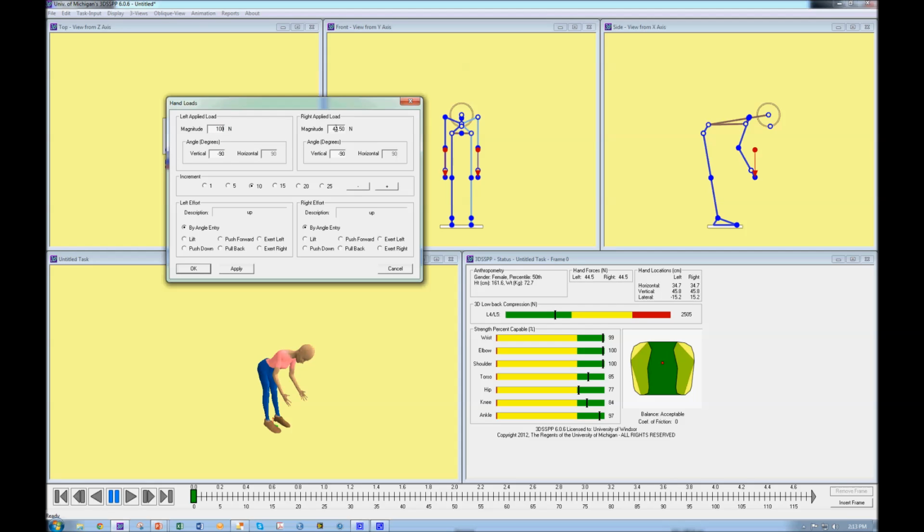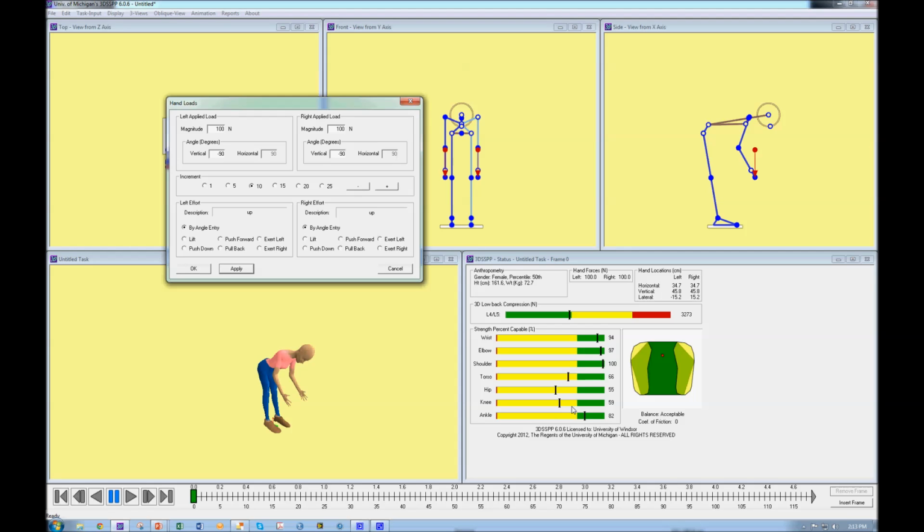Let's just try 100 newtons in the left hand and 100 in the right hand and hit apply, and you will see that more than double of what we're trying, the efforts that we are doing in the left and right hands will cause different demands on the body, such that where we were close to exceeding the capability values of the hip with only 44 newtons in each of the hands, when we put 100 newtons in each of the hands, we are now exceeding our protocol, such that only 55% of the females have the strength to do this job in this posture with this amount of magnitude of load in the hands.